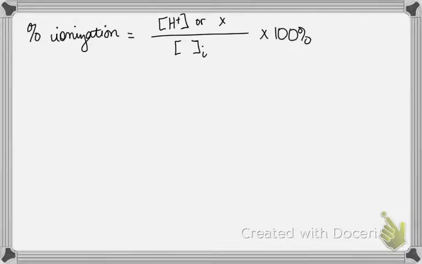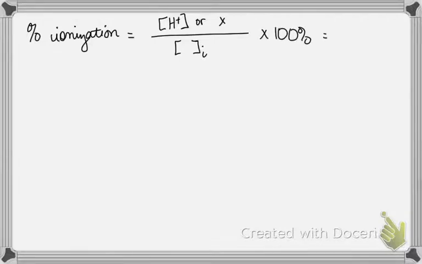So percents, y'all know it's the part divided by the whole. So to calculate the percent ionization, the part that ionized is the hydrogen ion concentration, or the X. The whole is the initial concentration of the acid, and then multiply it by 100%.